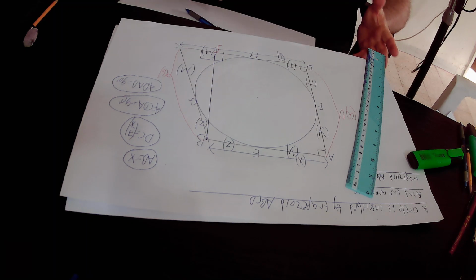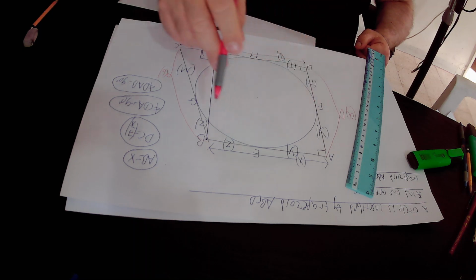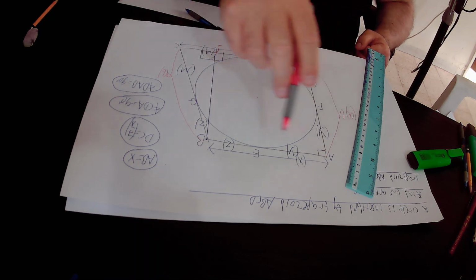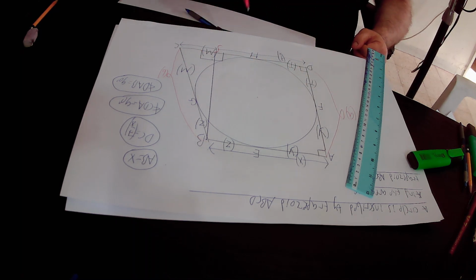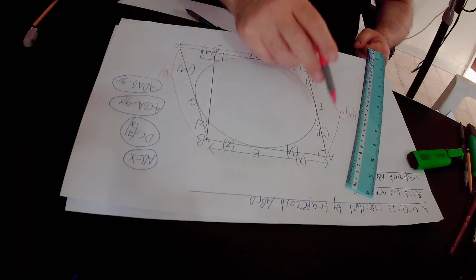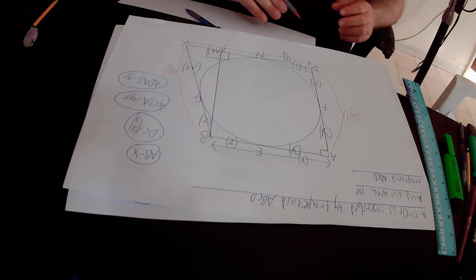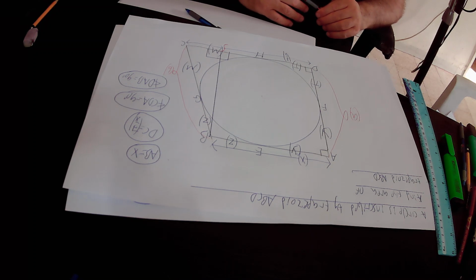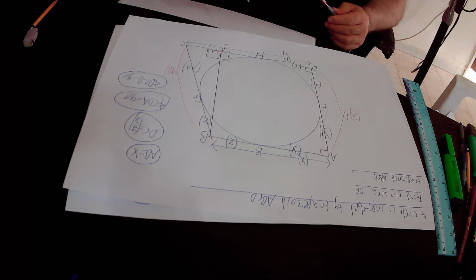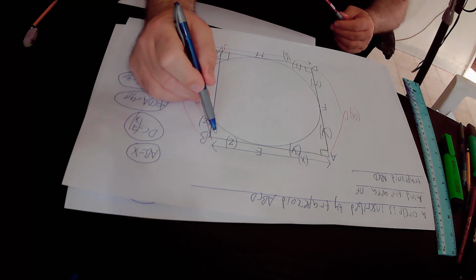So actually, by doing this construction, we created a quadrilateral ABSD. Inside this quadrilateral ABSD, we have 1, 2, 3 right angles. The sum of 3 right angles is 270 degrees. So 270 degrees plus the size of this fourth missing angle must equal 360 degrees.